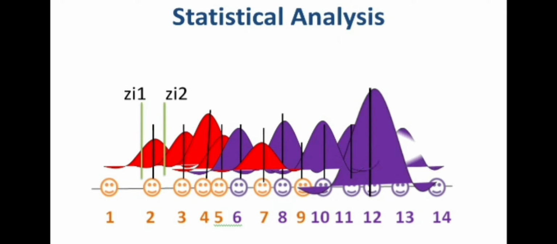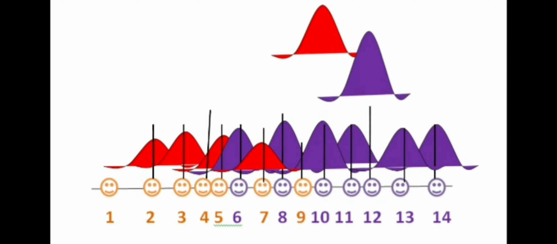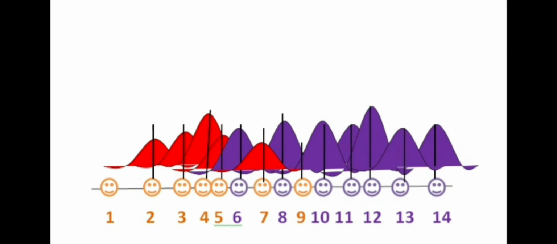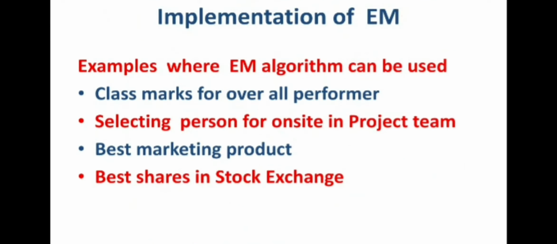The second step is finding the maximum value, indicated as the maximum hypothesis h', whose mu values are mu1 and mu2. So in the first step we find the expected values for mu1 and mu2. In the second step we find a new maximum likelihood value, which is compared here, so we have h'.